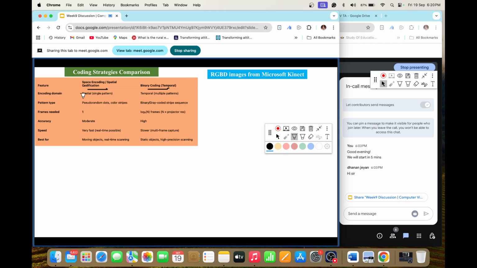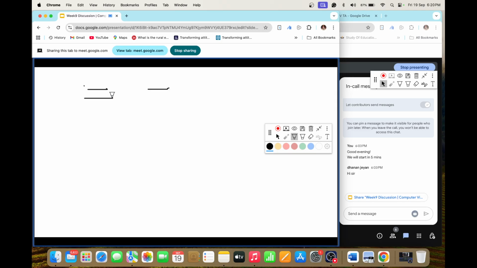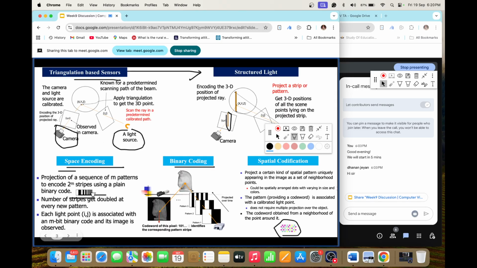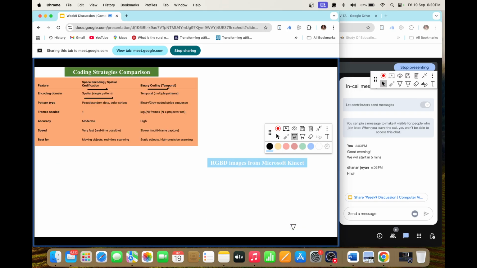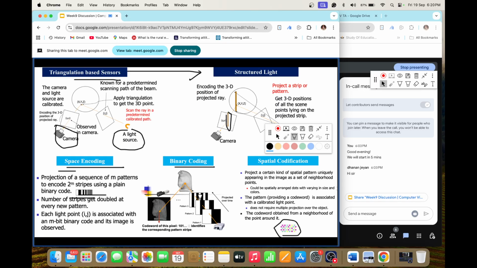So encoding here is spatial, that is a single pattern, okay. Like you can see here, this is also a single pattern, and this is also some kind of single pattern in the form of lines or dots. That is why it is spatial, okay. But binary has temporal or multiple patterns, okay. Multiple patterns, you can see pattern 1, pattern 2, pattern 3, okay. So different types of patterns.